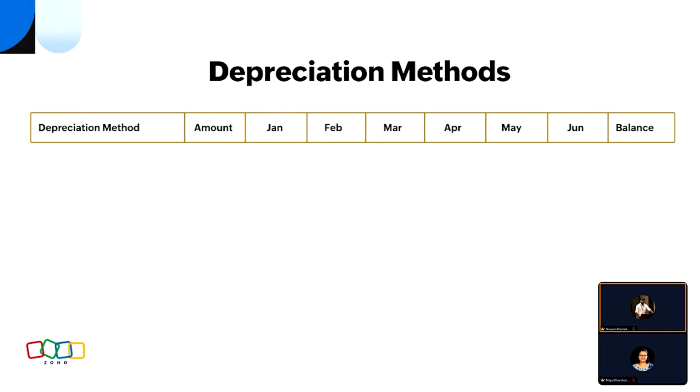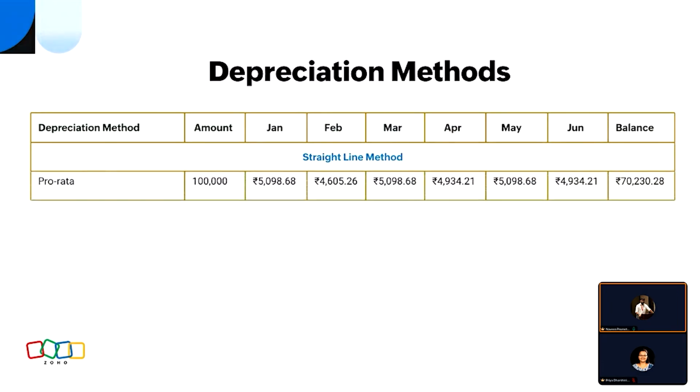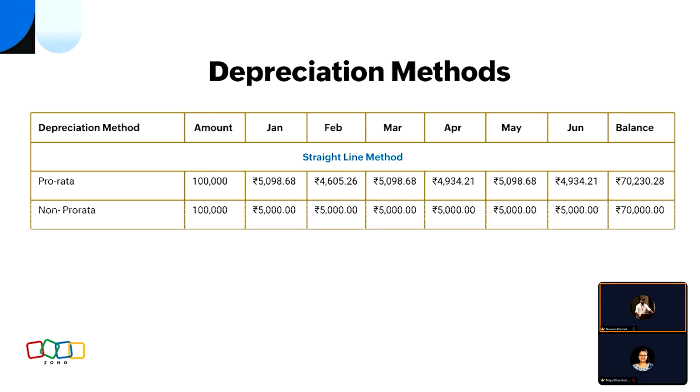So to collate all this, if we look at this particular table, for a period of 6 months, if we take the same example with the straight line method, the pro rata calculation will give us the depreciation entries, and by June end we'll have the current value as 70,230.28, whereas in terms of non-pro rata the value will be 70,000.